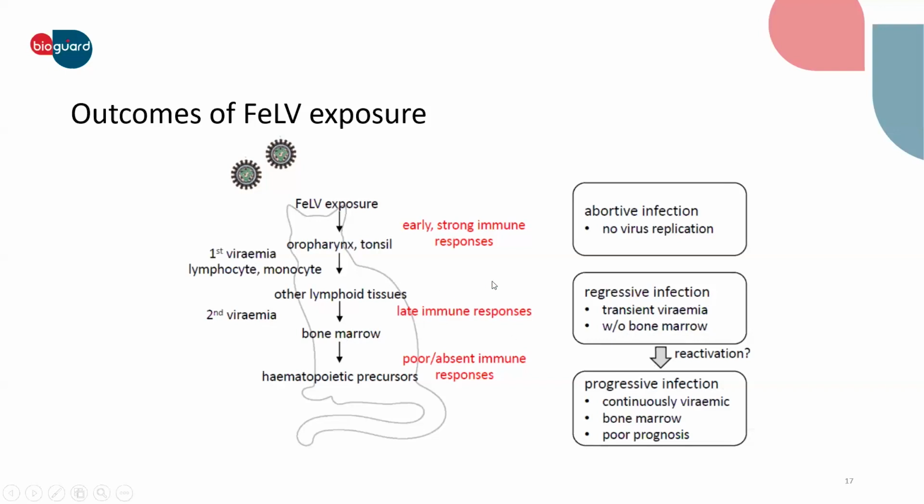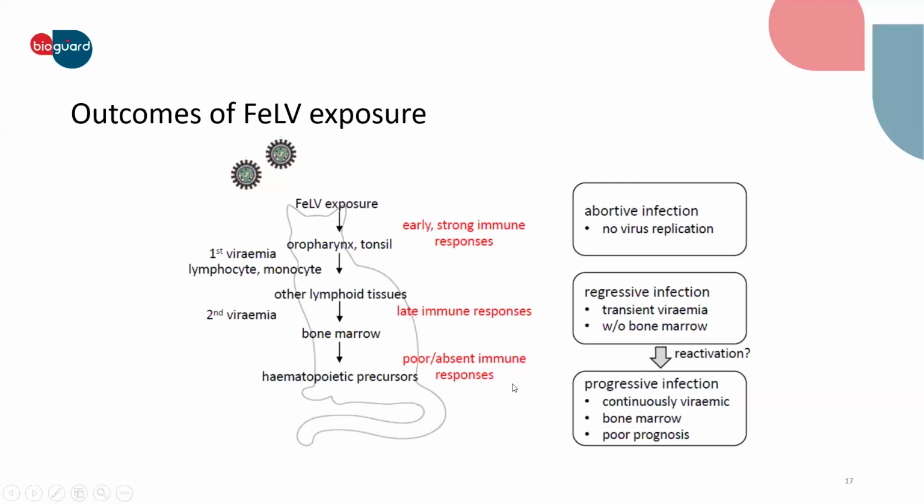And unfortunately, if the immune status of the cat is very poor or there is no immune response, then FeLV will spread from the lymphoid tissue and produce the secondary viremia, then get into the bone marrow and affect the hematopoietic precursors.